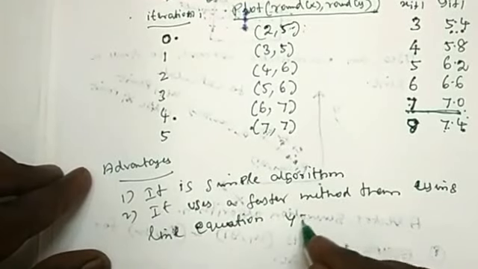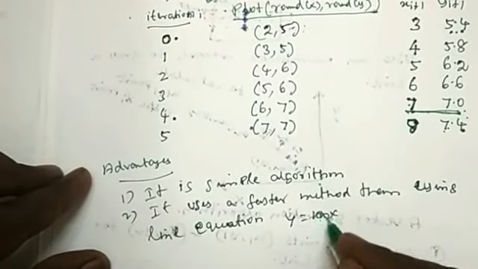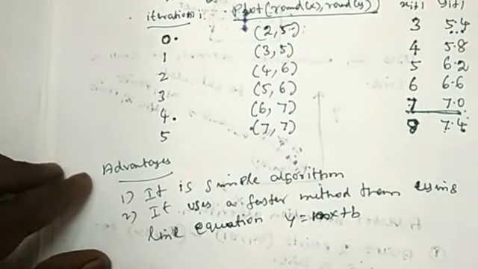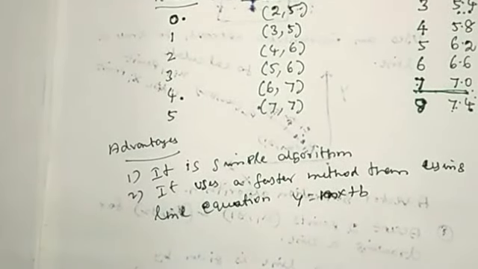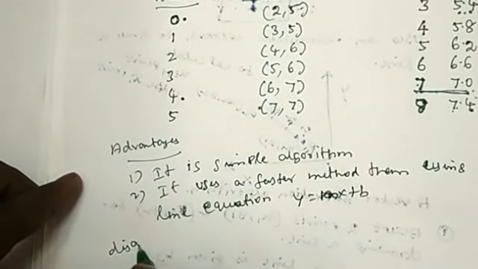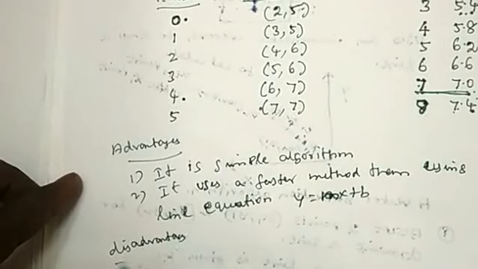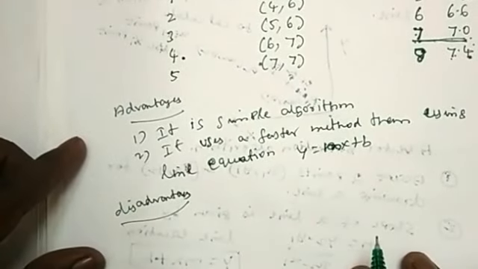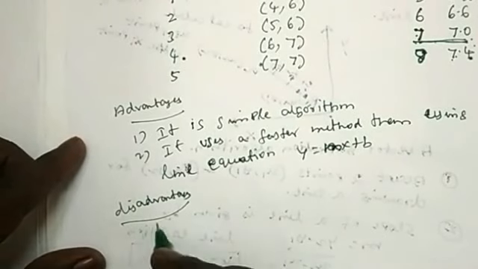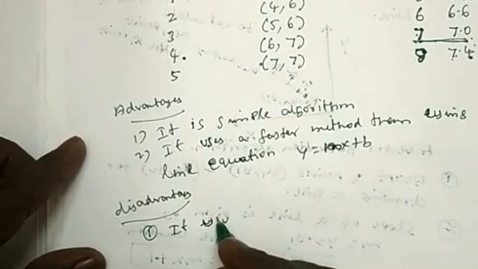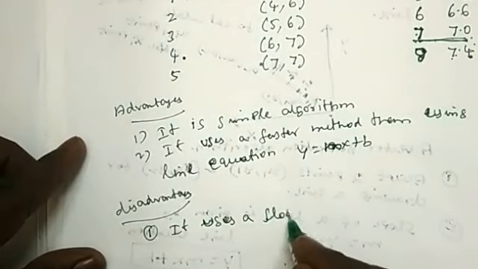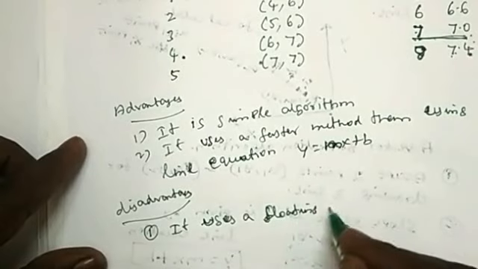So what is the line equation? y equal to mx plus b. We have already given the illustration of mx plus b. Now, the disadvantages of this line drawing algorithm: it uses floating point arithmetic.